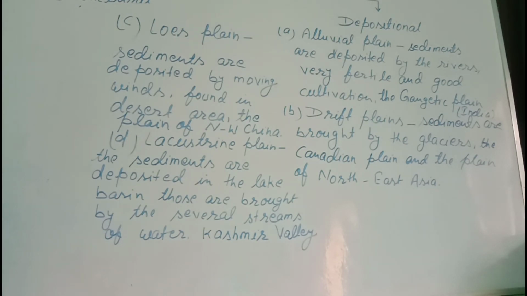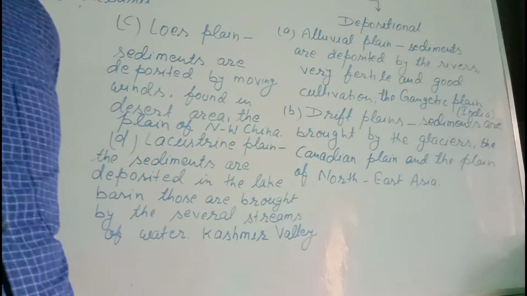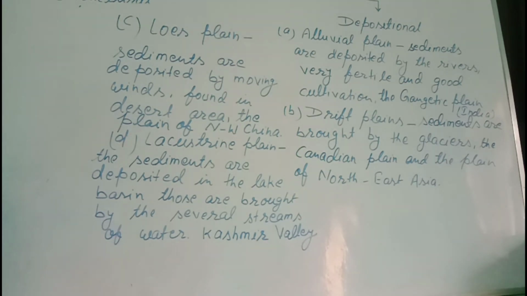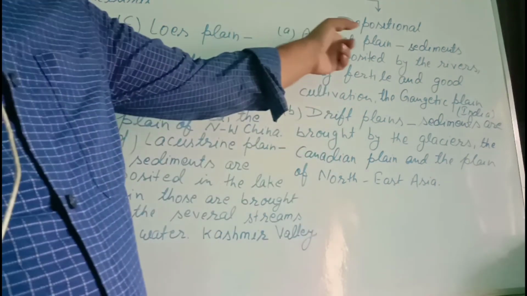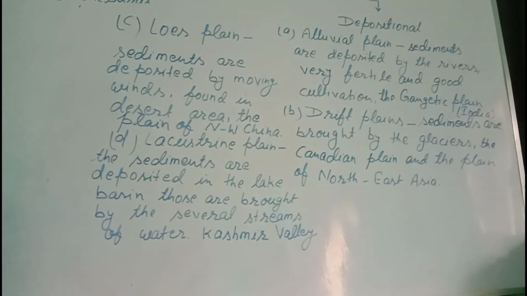So we saw the classification of plains. In all these, what is the main role and the common role? That is the deposition of sediments. And these classifications are also based on the deposition of sediments by the several agents. In a structural plain, the agent of deposition is the oceanic water. In alluvial plain, the agent is rivers.